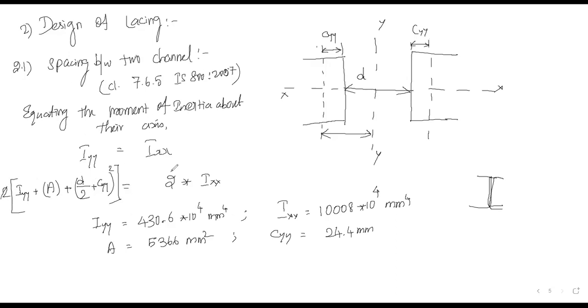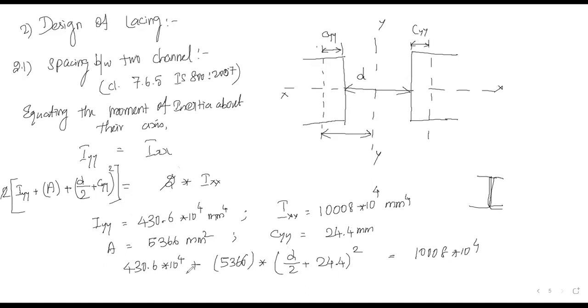Here the 2 gets cancelled. Now Iyy, 430.6 into 10 to the power 4, plus area 5366 into d by 2 plus 24.4, the whole square, is equal to the Ixx value, 10,008 into 10 to the power 4.